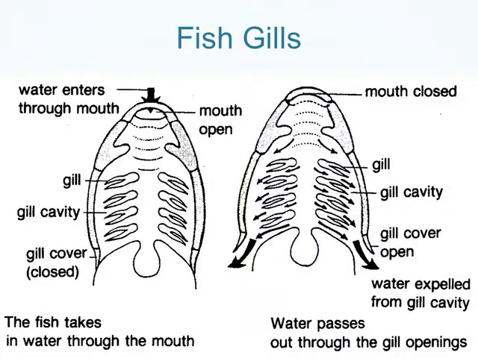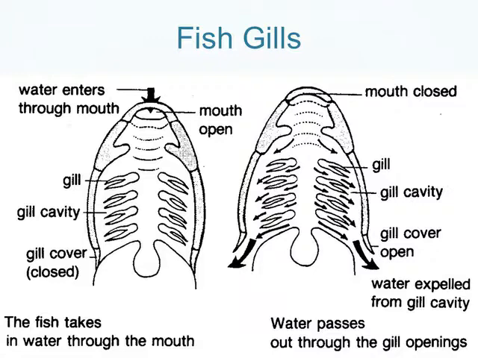So if we take a closer look at the gills, the water will enter through the mouth when the mouth is open. That fills up his mouth and gills with water. So when the mouth is open, the gills are closed.